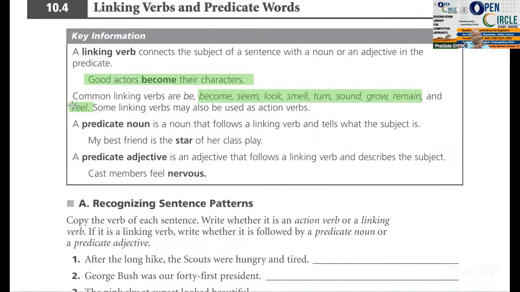Oranges is the plural of the noun. Oranges turn orange when ripe.